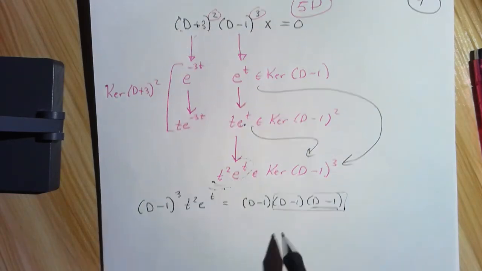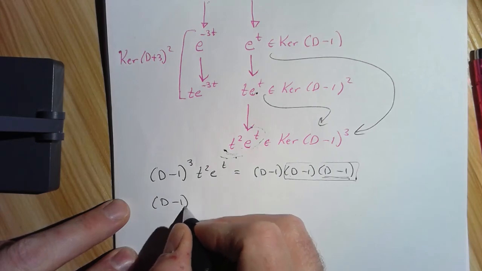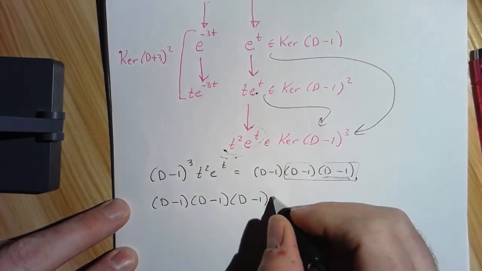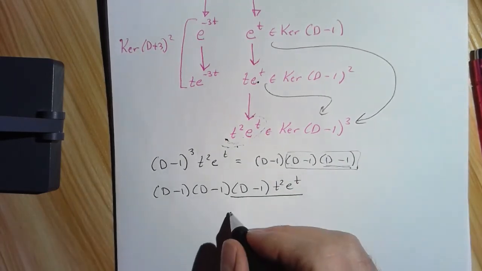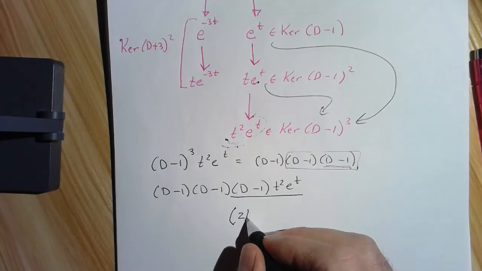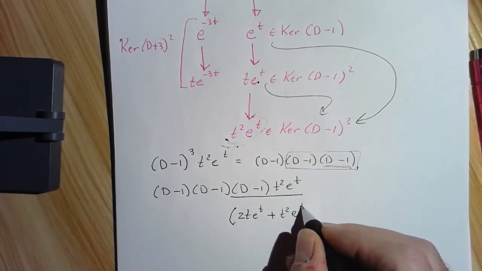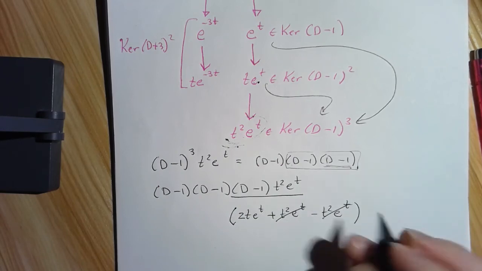Let's check. So this will be a little monotonous, but let's do it out. First, we'll do that bit. So product rule, 2t e to the t plus t squared e to the t minus t squared e to the t. Those two cancel.